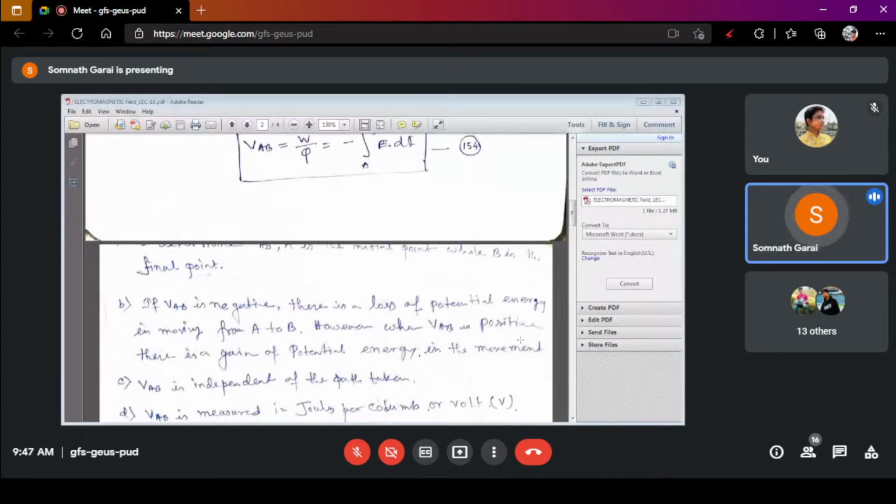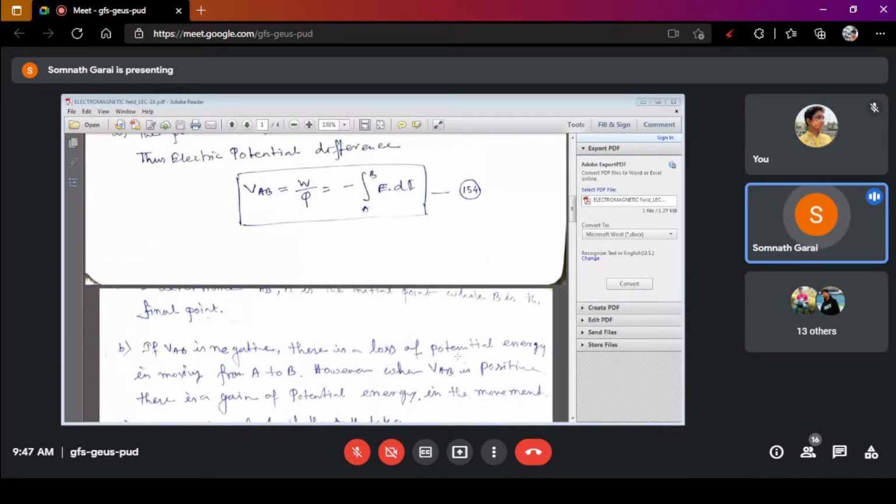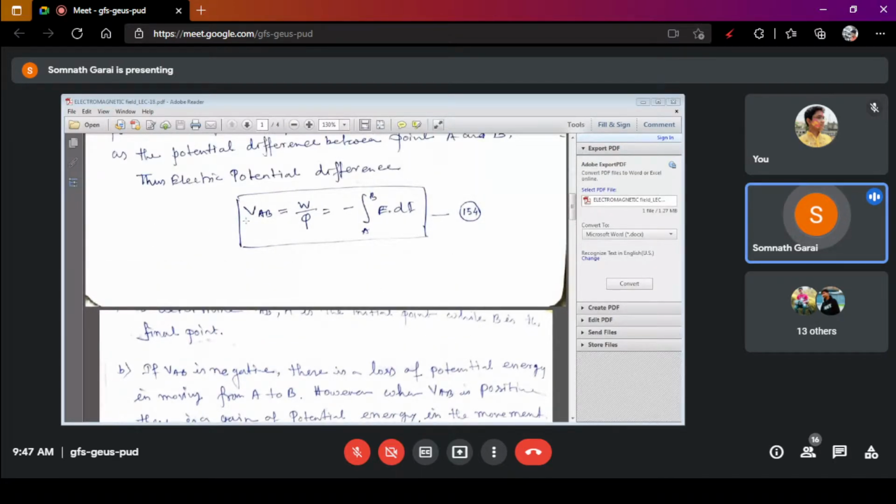Now, one thing to remember is that this potential difference VAB has the following characteristics.